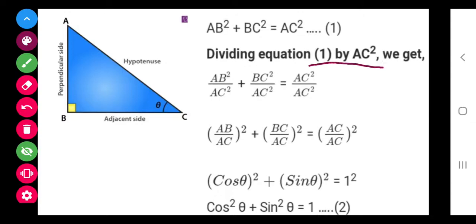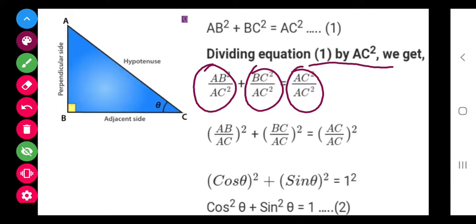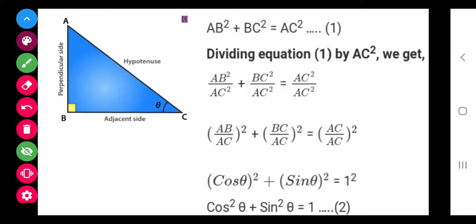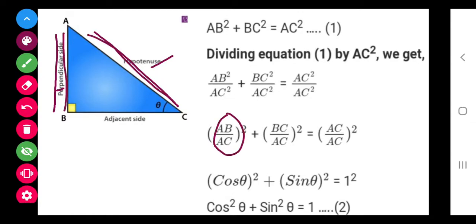Now what we did, we have divided the equation by AC square. Then AC square and AC square will cancel and it will become 1. Here it will become (AB upon AC) whole square and this will be (BC upon AC) whole square. Now AB and AC, that is perpendicular upon hypotenuse, is sine theta.